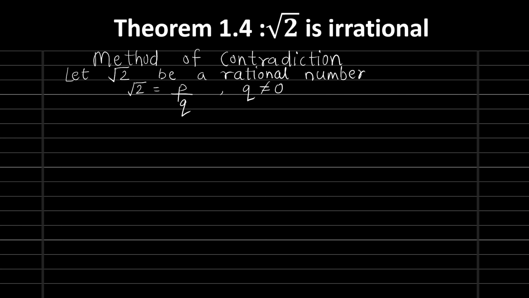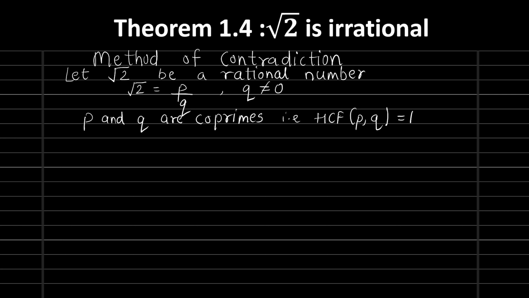Along with that, p and q are co-primes. Now, what is the meaning of co-primes? It basically means that the HCF, the highest common factor of p and q, will be equal to 1. You can write it like that: HCF of p and q is equal to 1.